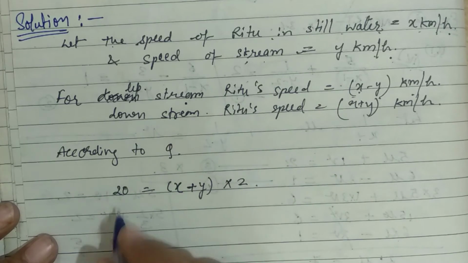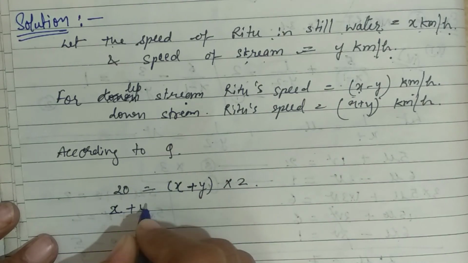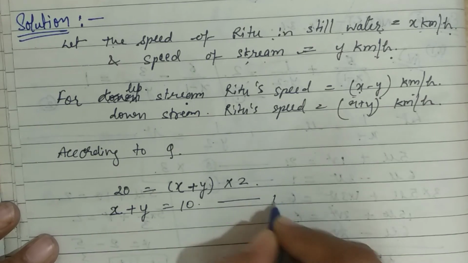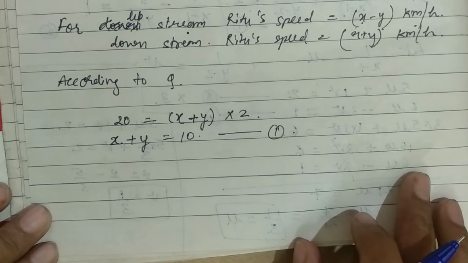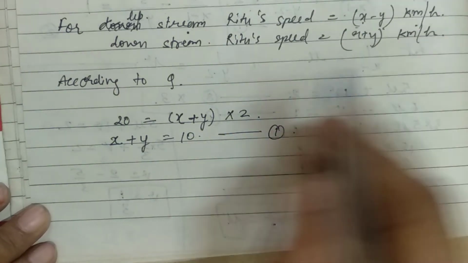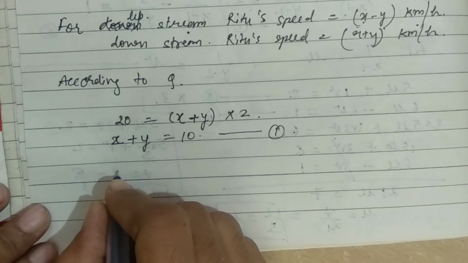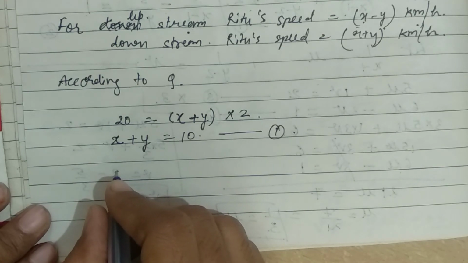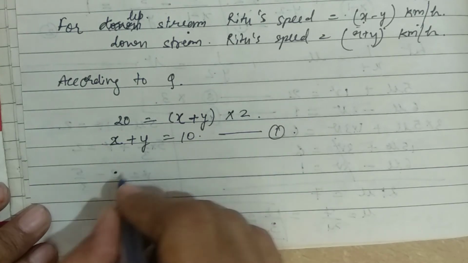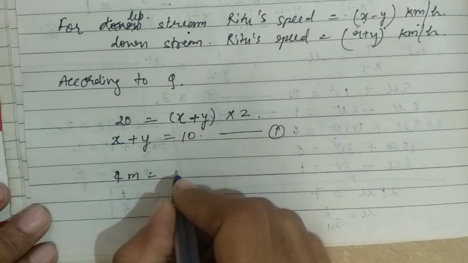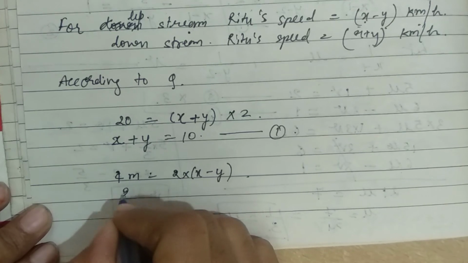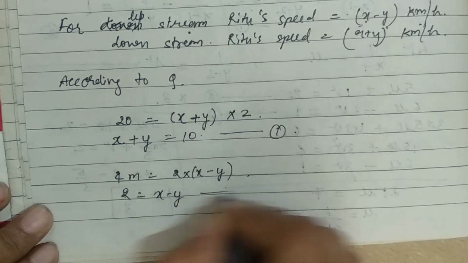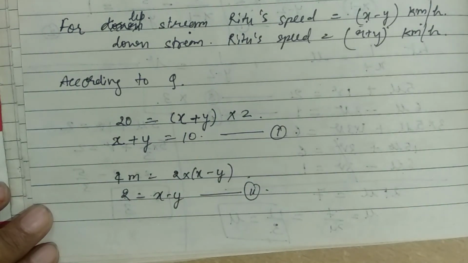So our equation becomes x plus y equals 10. So this is our first equation, and the second equation is, in upstream 4 kilometers in 2 hours. So 4 equals 2 into x minus y. So it becomes 2 equals x minus y. So this is our second equation.